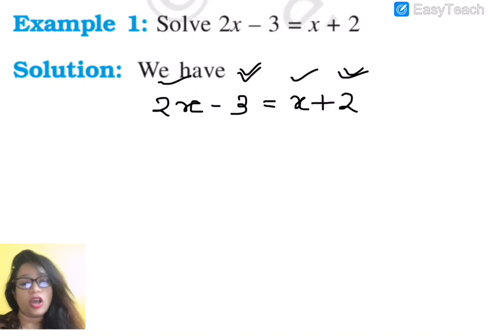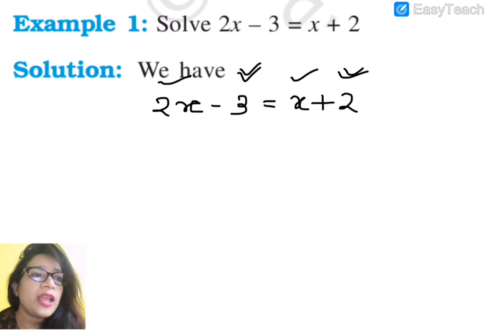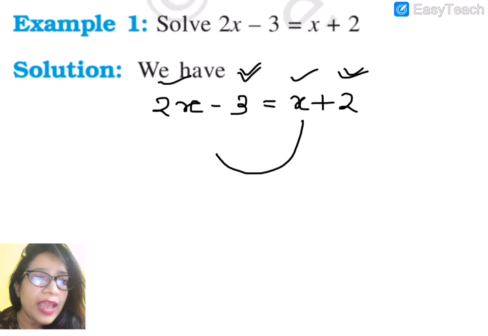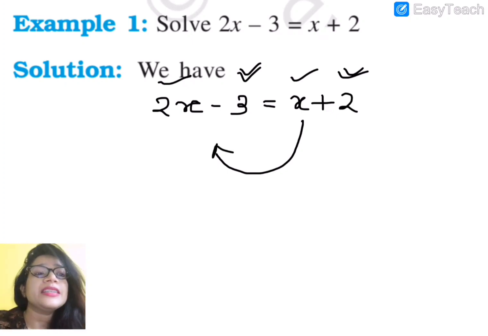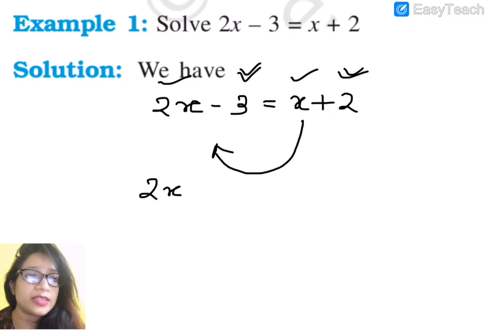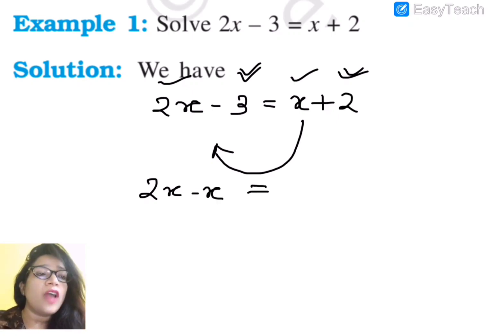Now let's do the shifting process. If I am shifting this term x from the right hand side to the left hand side, on the right hand side you can see it has a plus 1. It is plus, so when it comes to the left hand side, it is 2x minus x. Do you get this? And on the right hand side, you can see is a number 2.